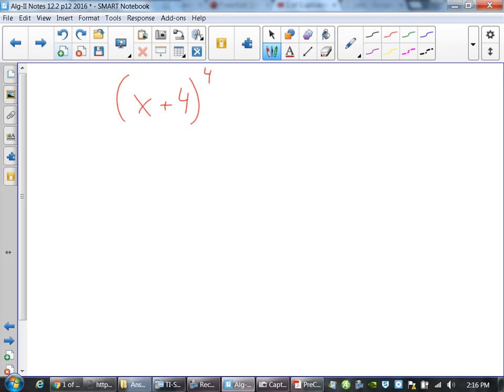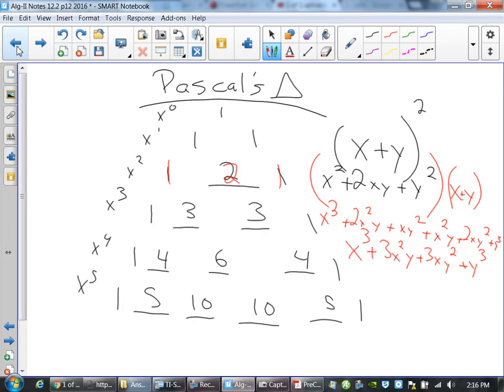If I want to use this idea of Pascal's triangle, there's another pattern that I want you to see. All of these numbers, 1, 2, 1, 1, 3, 3, 1, 1, 4, 6, 4, 1, all of those numbers come from combinations.